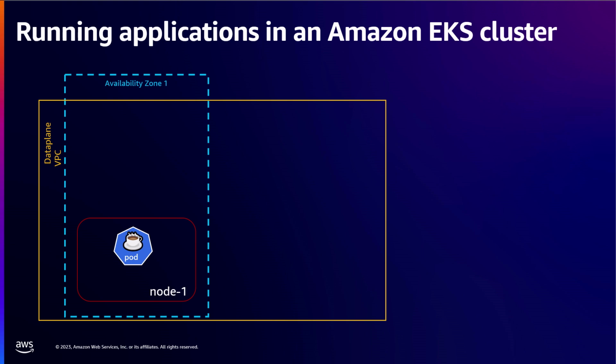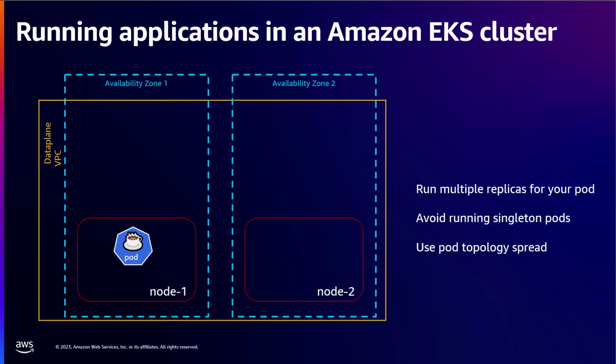Now, if for any reason node 1 needs a restart or an upgrade, it can cause a downtime. And in the business, you don't want that to lose orders. So it is recommended to run multiple replicas of your pod, avoid running singleton pods, and use topology spread to run these replicas across different nodes in different availability zones.